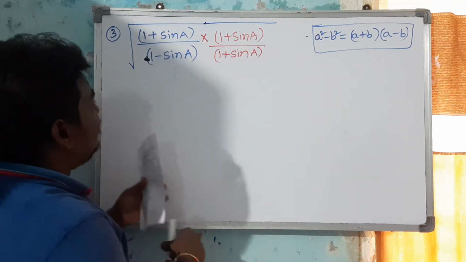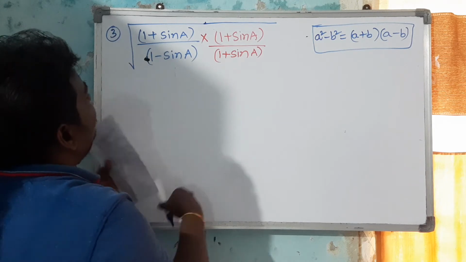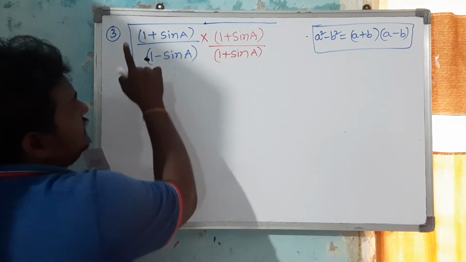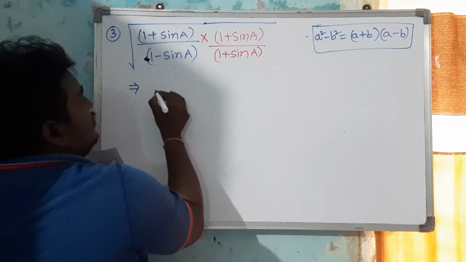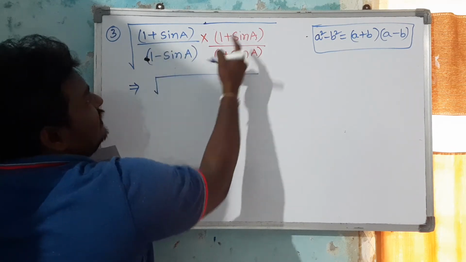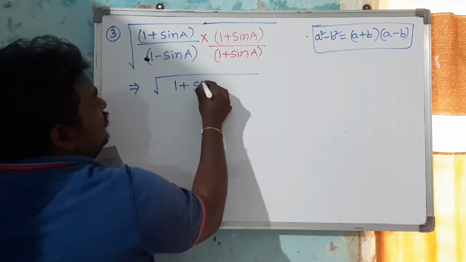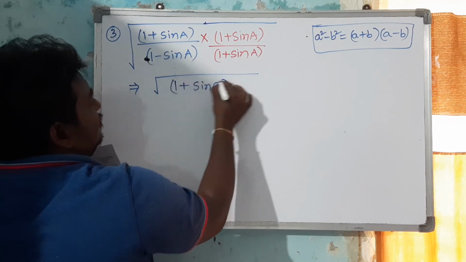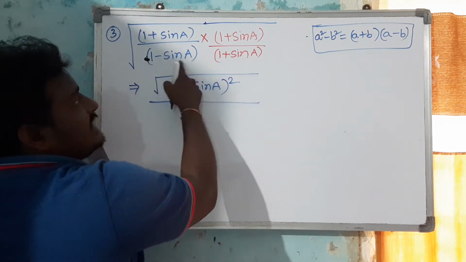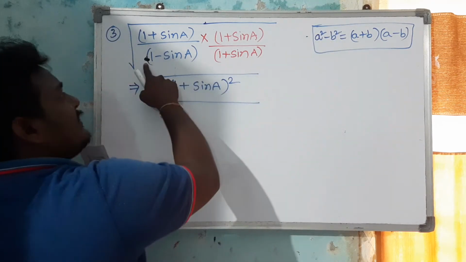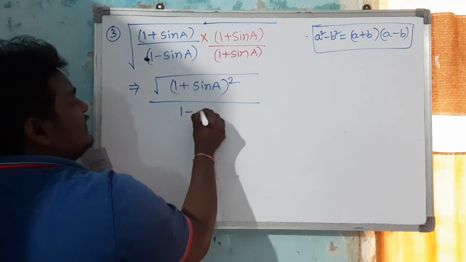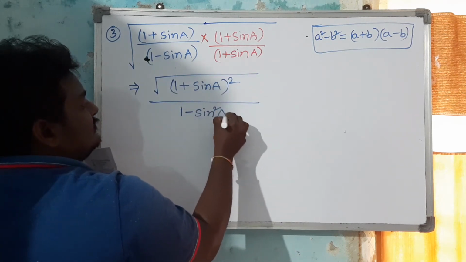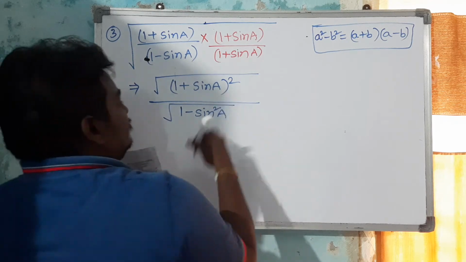If you multiply this, you get the square root of (1 plus sin A) whole square by (1 minus sin A) into (1 plus sin A), a square minus b square, which is 1 minus sin square A, with the square root.